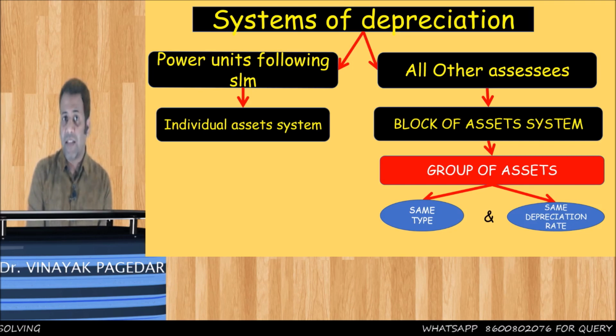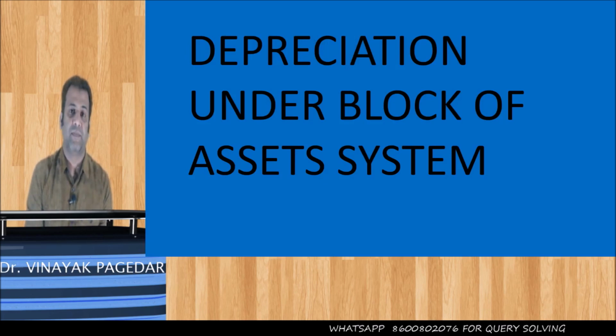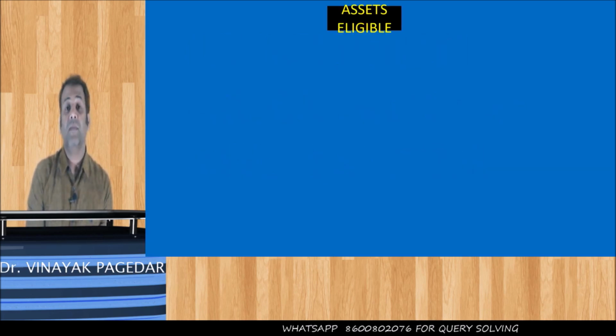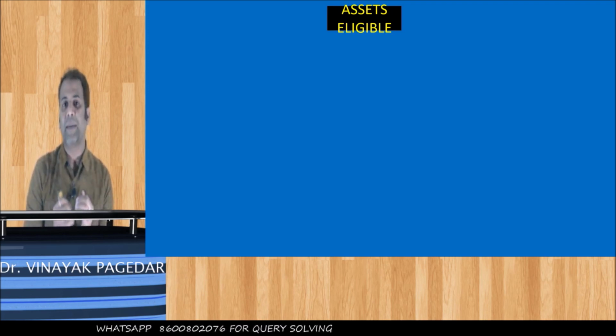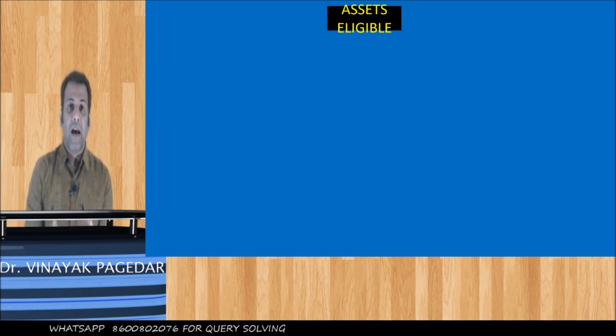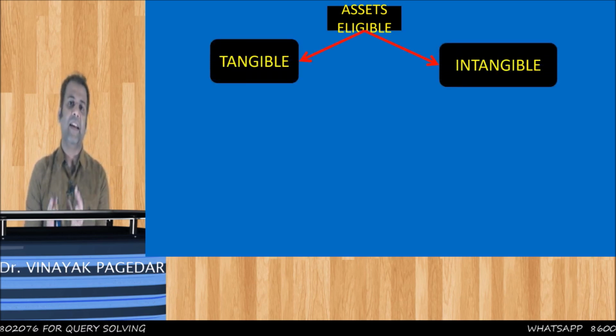Now let us discuss something related to the block of assets system. Which are the assets eligible under the block? What we are doing here is looking into the different types of blocks. As per the analysis of section 211, we have tangible assets and intangible assets.